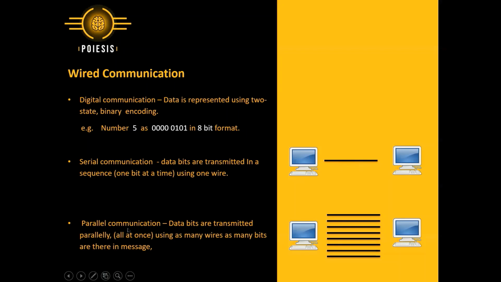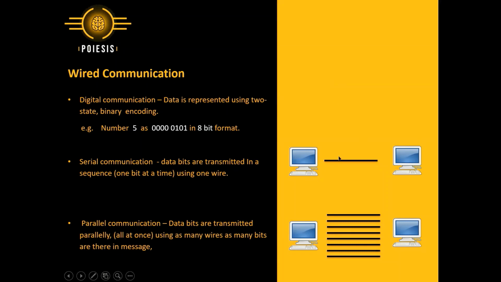In case of parallel communication, data bits are transmitted parallelly, all at once, using as many wires as there are bits in the message. So if there were 8 bits in the message, 8 wires would be used. If there were 16 bits in the message, 16 wires would be used.